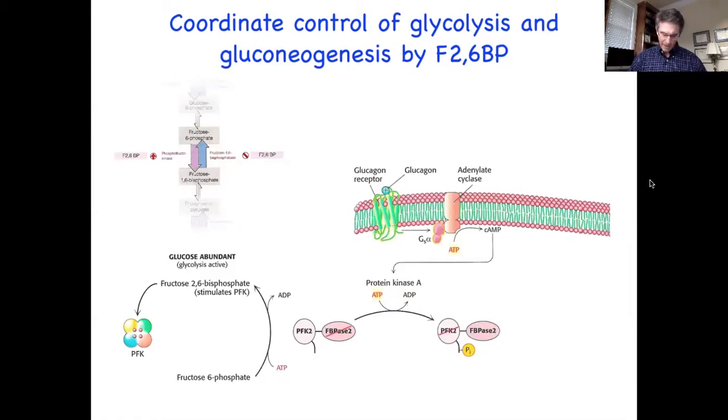That cyclic AMP is a powerful effector that then turns around and hits protein kinase A. Protein kinase A phosphorylates PFK2, and that phosphorylation event shuts off the kinase domain and activates the phosphatase domain. This shifts PFK2 from making fructose 2,6-bisphosphate to turning that fructose 2,6-bisphosphate back into fructose 6-phosphate.